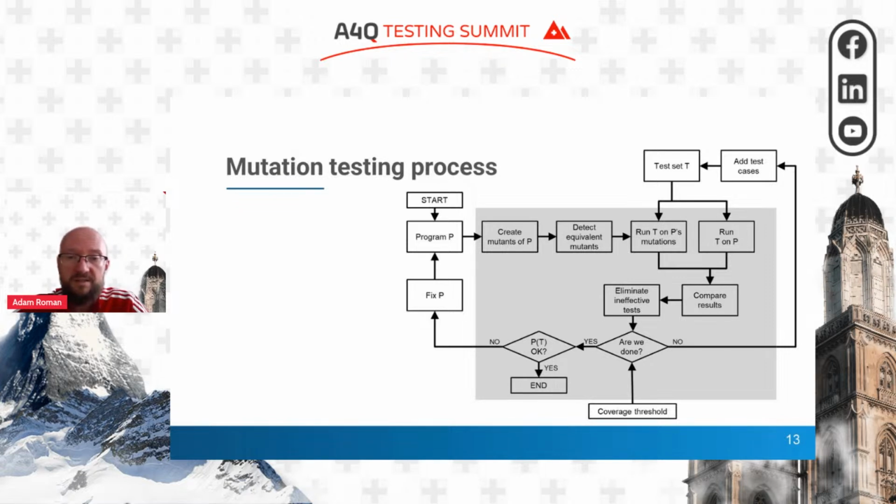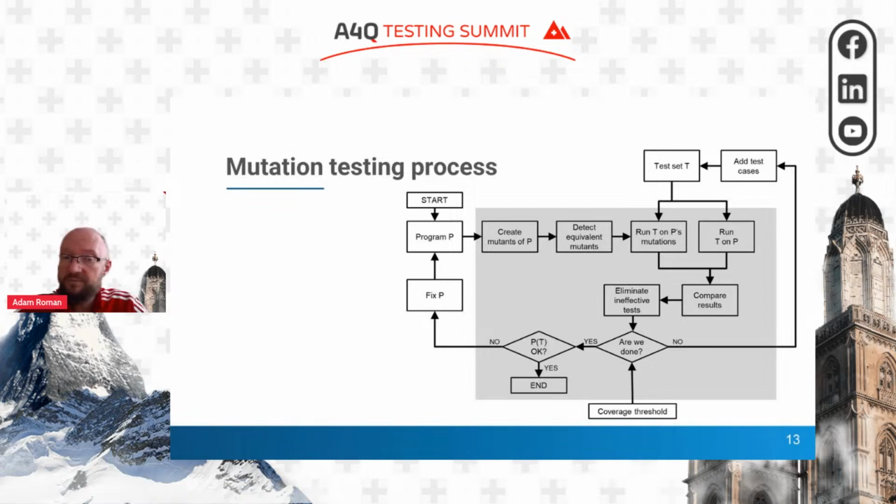And then we repeat this whole process until the so-called mutation score is achieved. Mutation score is the percentage of mutants killed by our test cases. For example, we set some threshold like 90% mutation score, and if we achieve 90% of mutants killed, we end the process.